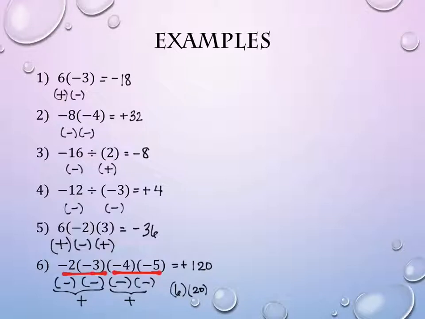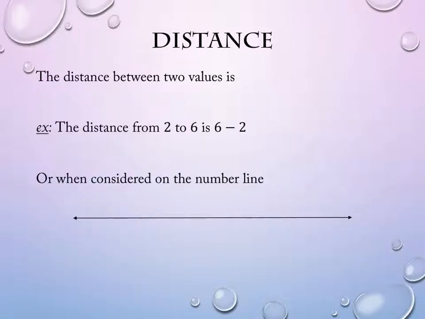Okay, I mentioned before, and this is the point where I was remembering from my notes, that we are going to talk just a touch about distance. We've already broached the subject a little bit. The distance between 2 values is really the larger value minus the smaller value.